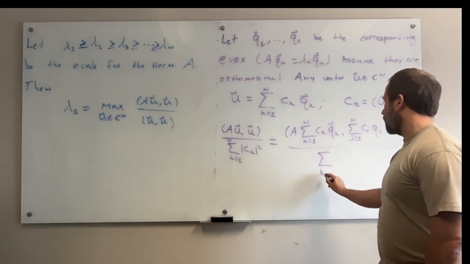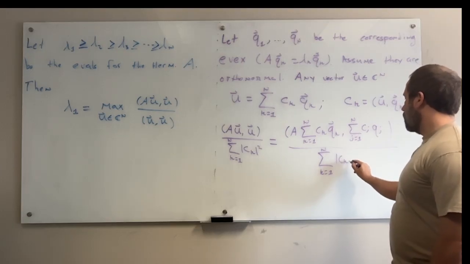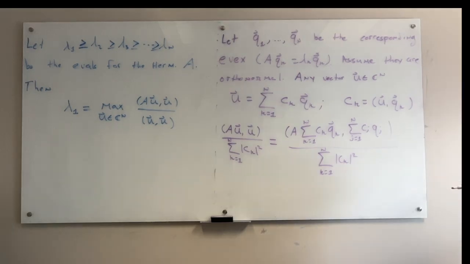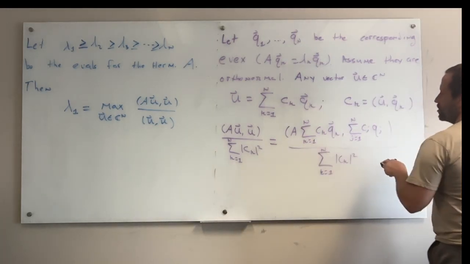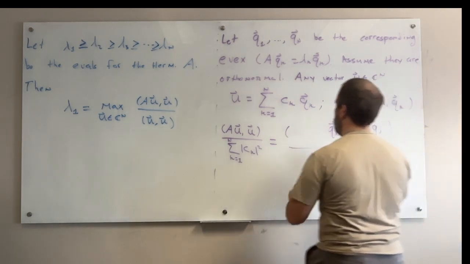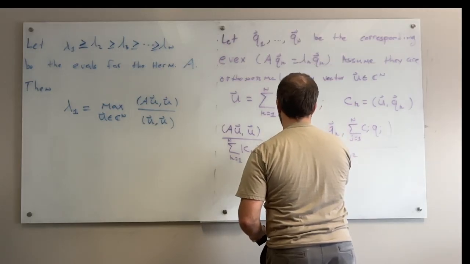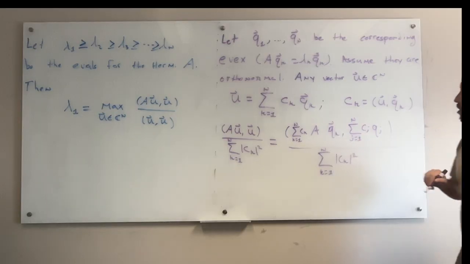So we're going to have the sum over k equals 1 to n of the modulus of ck squared in the denominator. Now notice what's going to happen up here. Something similar is going to happen. Well, sorry, there's one important step. I can now distribute this A to the inside here. And so we're going to have the sum k equals 1 to n, ck, A times qk.